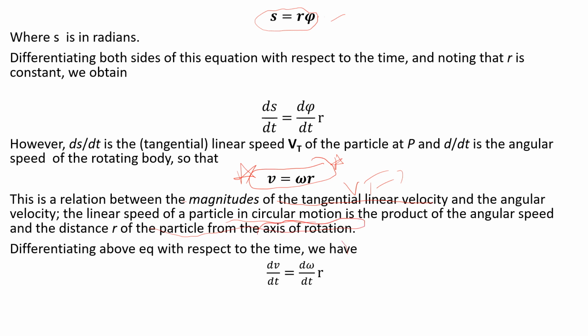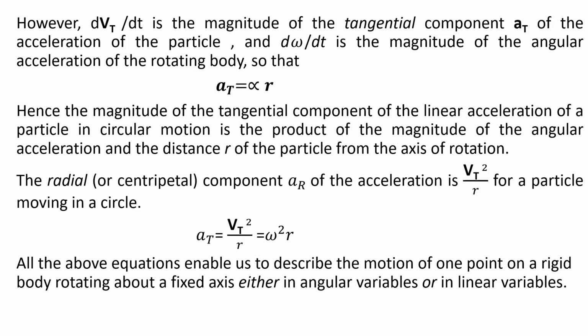Differentiating both sides, dv over dt is equal to d omega over dt multiplied by r. However, dv over dt is the magnitude of the tangential component a_t of the acceleration of the particle, and d omega over dt is the magnitude of the angular acceleration of the rotating body, so we can write it like that. That is the relation of angular acceleration and linear acceleration.